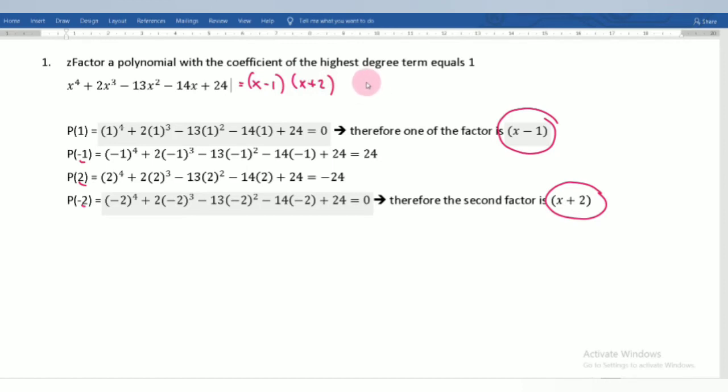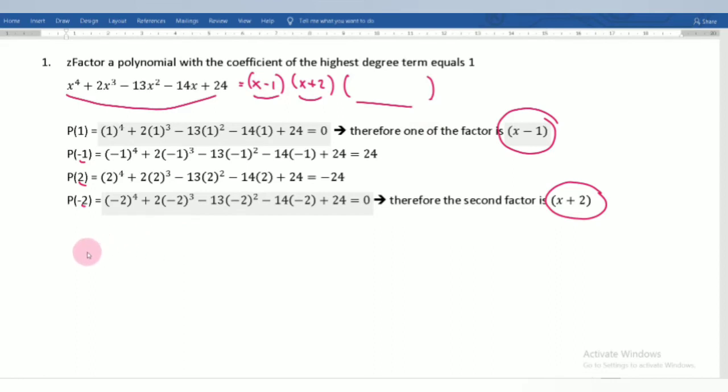Because I know there will be 4 factors maximum, or maybe 3, for the last one I stop there and use the long division. First I will divide this by x minus 1, and then the result of that division I will divide again by x plus 2, and then I will find the last factor.